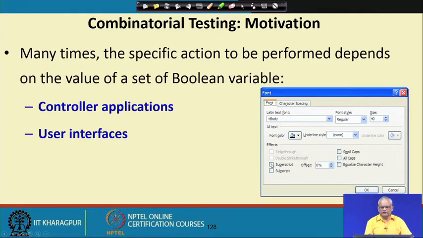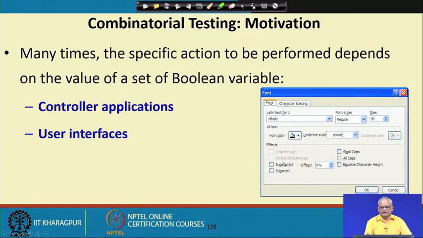For example, whether the font is superscript, subscript, small cap, all cap, then the font color, then the specific font type, whether it is regular, italic and so on, and the size of the font and so on. This kind of interface is very common in user interfaces, but if we want to test based on all possible combinations of the input, then it may become too many.